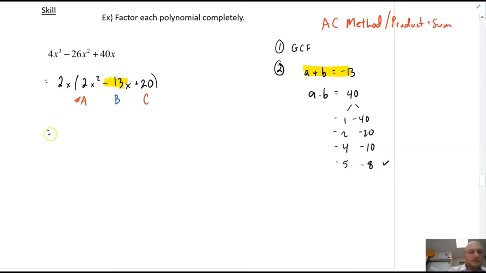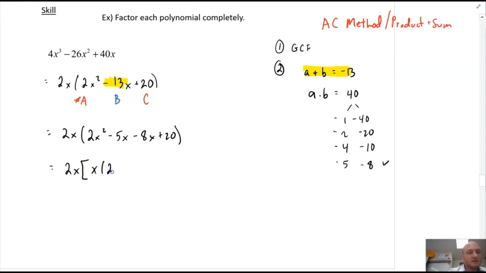So I'll go ahead and rewrite this. 2x squared, and I have to rewrite my 13x, so I'll say minus 5x minus 8x plus 20. Okay, then I'll go ahead and factor out the greatest common factor.